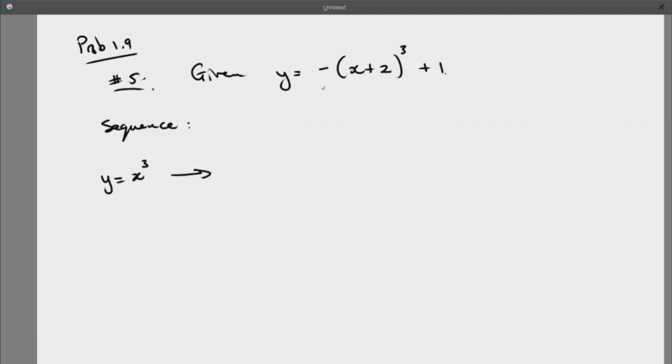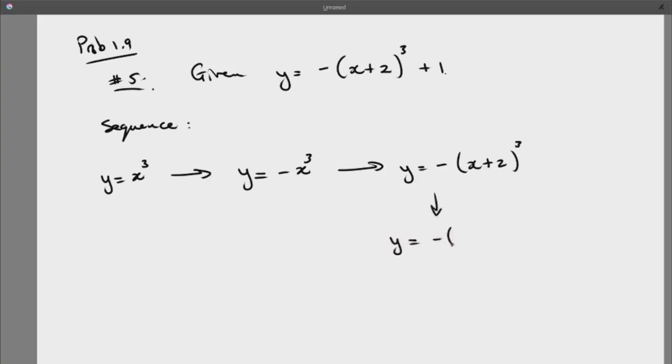I like to take care of any possible numbers first. So I will change the function by multiplying the right-hand side by a negative, and that's going to be a vertical reflection. Then I'm going to replace the x with an x plus 2. That will result graphically in a horizontal shift, and then I'll just go down here.